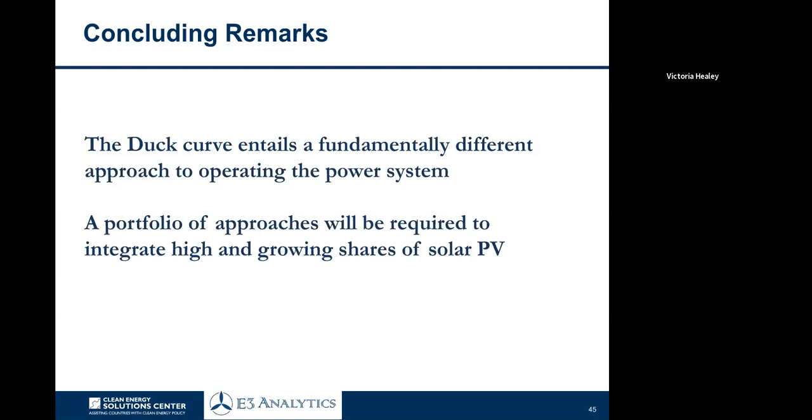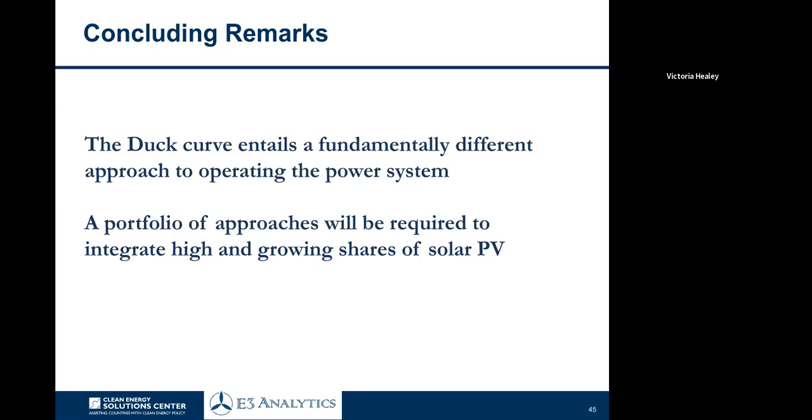As I mentioned at the outset, this list of strategies and solutions is by no means comprehensive. There are and will be new innovations emerging that will help further address the duck curve, potentially more cost effectively, potentially even more smoothly than some of the solutions discussed here. But at least this provides a concise overview of some of the main portfolio options available.